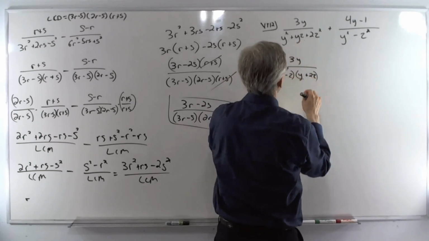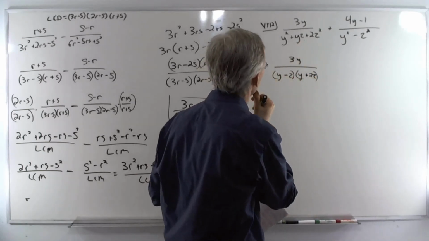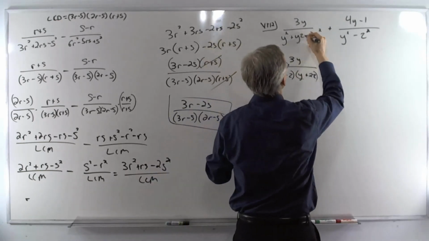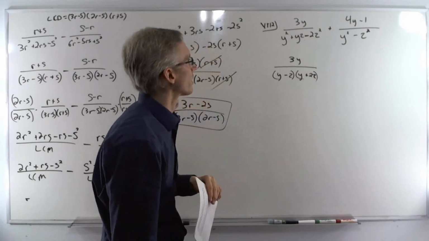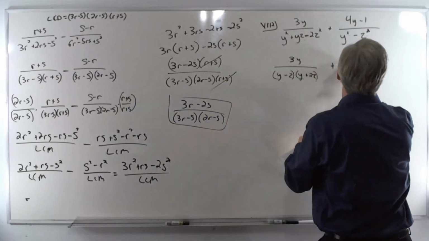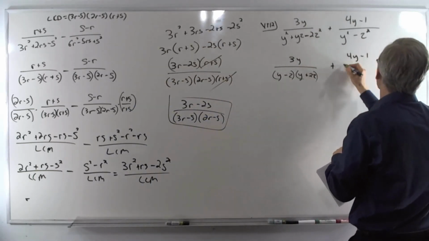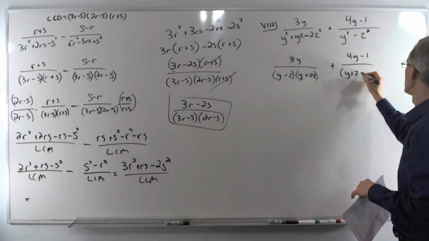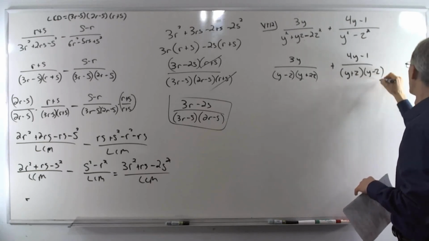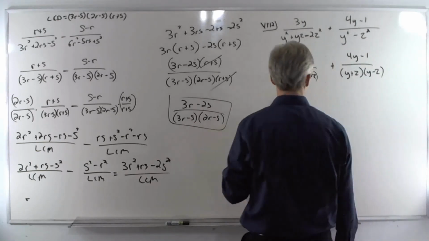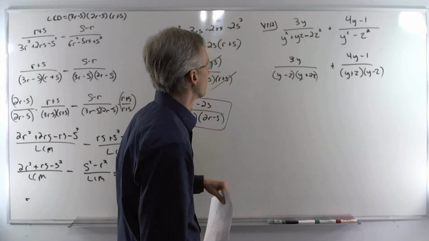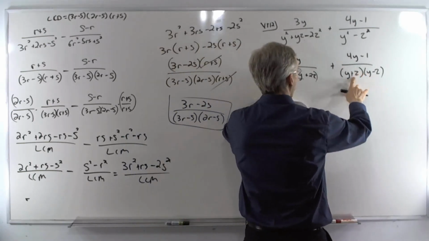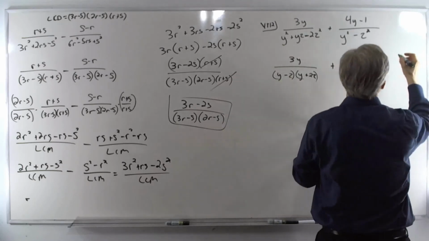And oop, it's supposed to be minus. Now it works. Okay, second one. Difference of squares. Y plus z times y minus z. So our LCM, we've got three binomials to include. We have y minus z, we have y plus z, and y plus 2z.